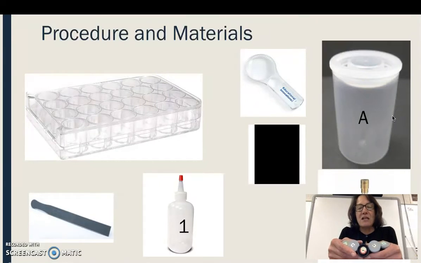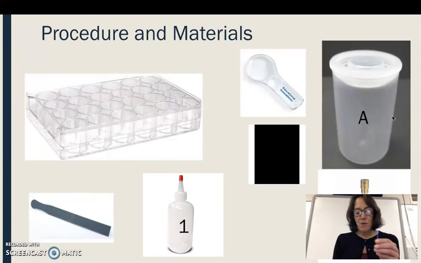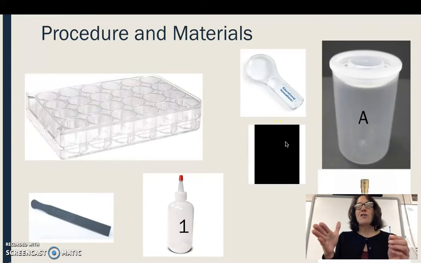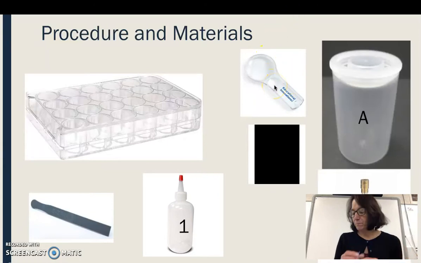They're all labeled A through E. I'm going to take a small micro spatula from my lab kit, take a small amount of that powder, and spread it out on a piece of black poster board in a nice thin layer so I can observe things like its color and its texture and its particle size. There will be a little hand lens to help you do that.